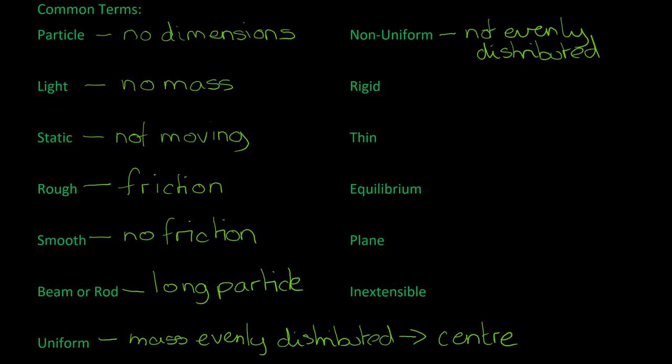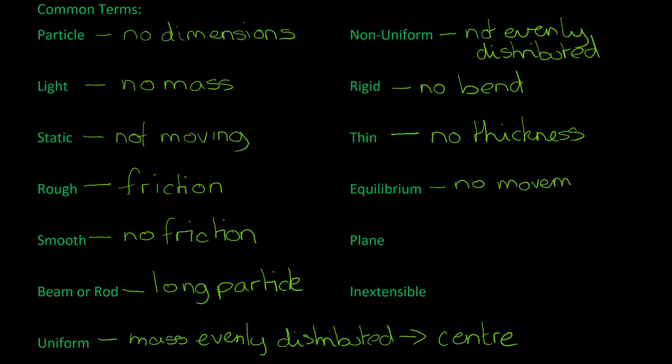Rigid means that there's no bend in it. Thin, surprise surprise, means no thickness. Equilibrium means that there's no movement, which means that the forces are all balanced.